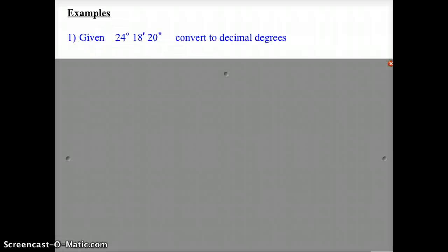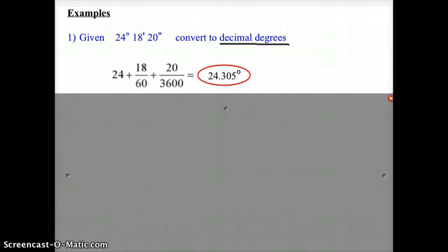Okay. First example, we are going to convert some degrees, minutes, and seconds to a decimal degree. To do this, first off, you keep the whole degree as it is. So I'm going to keep it as 24 degrees. Then I have 18 minutes. So 18 minutes, well, there is 60 minutes per degree.